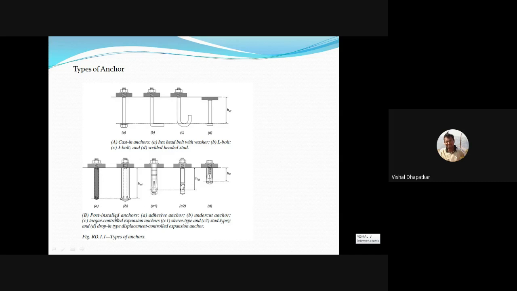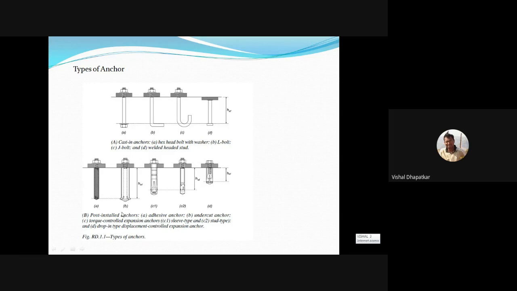Post-installed anchors are those anchors which are installed in the concrete after the concrete has been cast. You must have heard about Hilti anchors. Hilti anchors are post-installed anchors where they use specific chemicals to provide the bond strength, right?